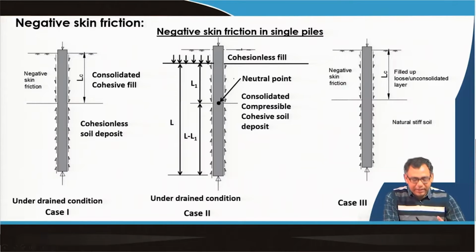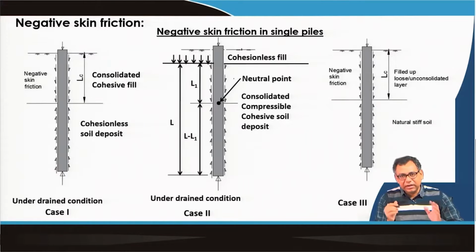So, if some portion of the pile friction is acting in the downward direction, the net friction will reduce. That is called negative friction. We have to take care of it by measuring the amount of negative friction that the fill is generating, so that we can subtract that amount of load from the load carrying capacity of the pile and safely design the pile foundation.